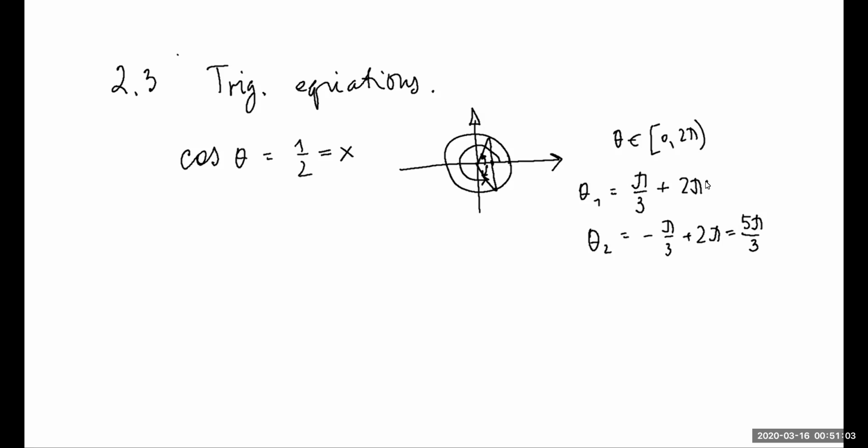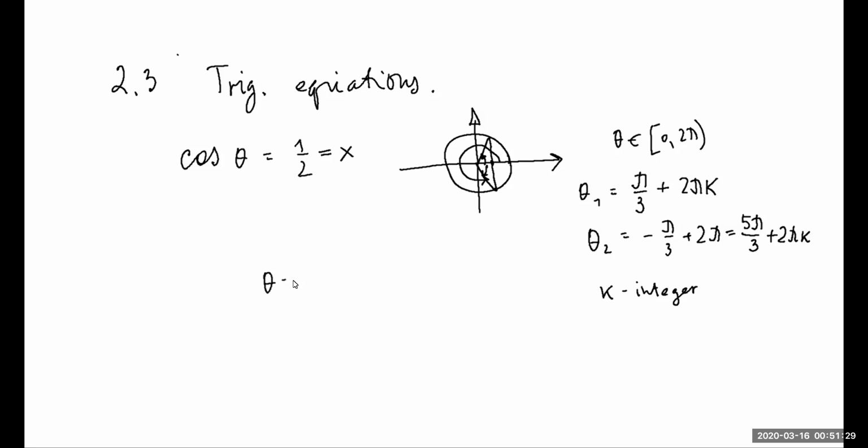So I'm going to write down 2 pi k over here. 2 pi k means that I'm not going to just add 2 pi once, but I can add it 2 times, 3 times, 4 times, and even subtract it. K is going to be an integer. For my answer in the interval, these two are going to be enough.